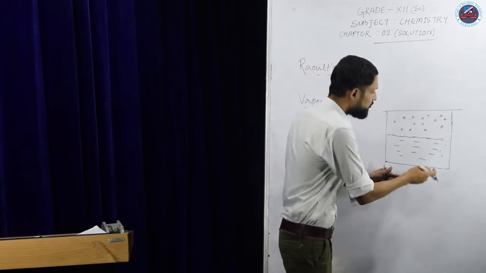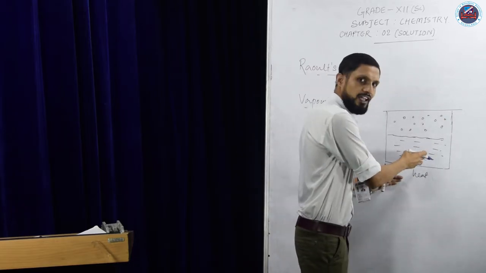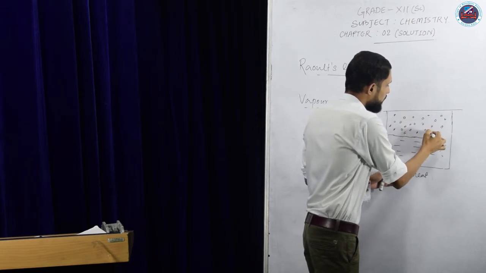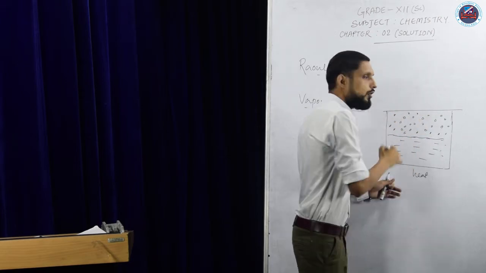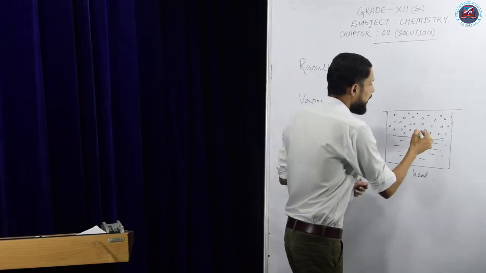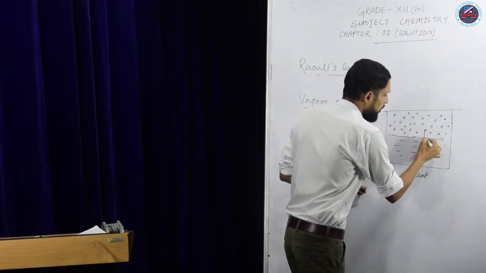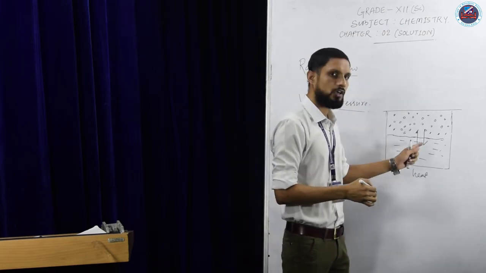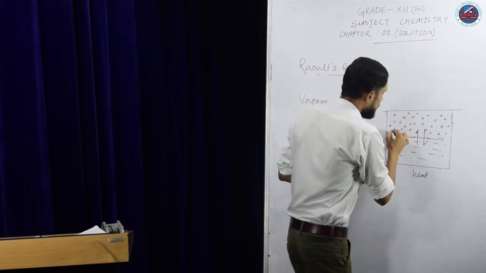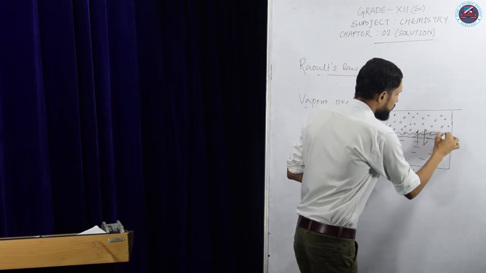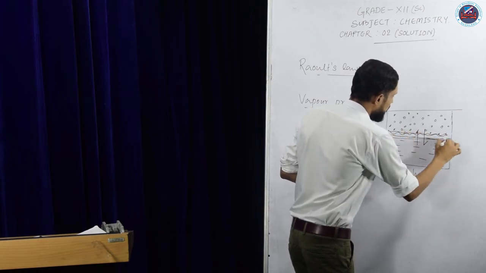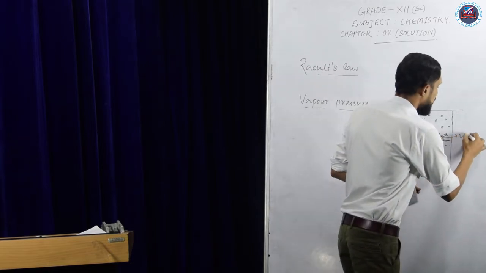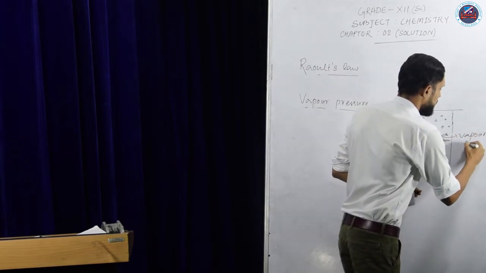Now, if we keep heating, more amount of liquid will be converted to vapor phase. So, we'll reach a point where the vapor and the liquid phase of water will be in equilibrium. At this point, the pressure exerted by these vapor molecules on the surface of this liquid is known as vapor pressure.